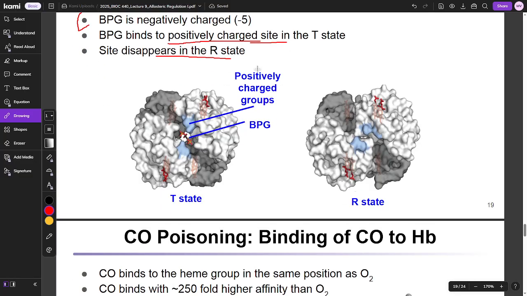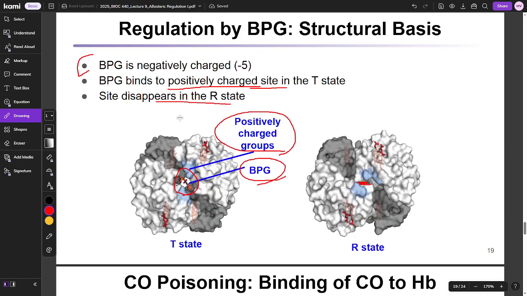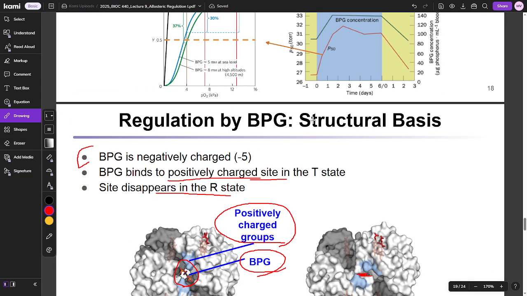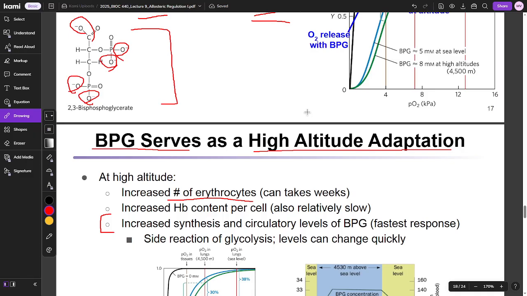The positively charged groups, and BPG gets stuck there in the middle. In the R state, that space is not there, but BPG basically wedges itself in here and stops it. That's how BPG induces the T state.